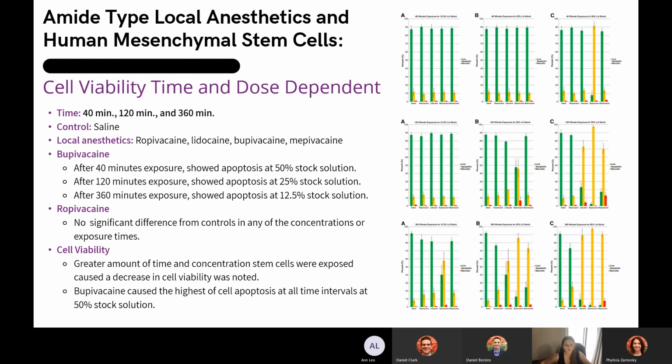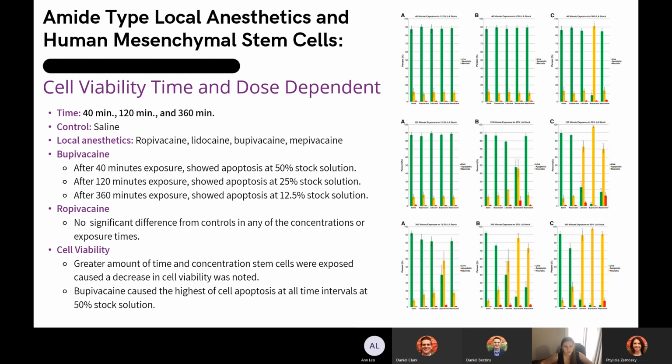The second set of graphs showed results after 120 minutes of exposure. Cell death was noted for bupivacaine at lower concentrations of 25%. Lidocaine, bupivacaine, and mepivacaine showed significant apoptosis at 50% of the solution. The third set of graphs shows results after 360 minutes of exposure.